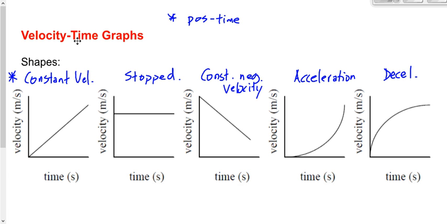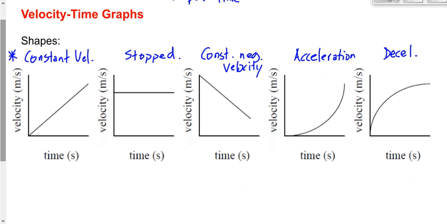Now, in red underneath, I'm going to write down what it represents for the velocity time graph as we really have here. If this velocity time graph has a straight line sloping upwards, what do you think it represents? I'll give you a little hint. Go back to your activity that you did yesterday. You found the slope of that velocity time graph.